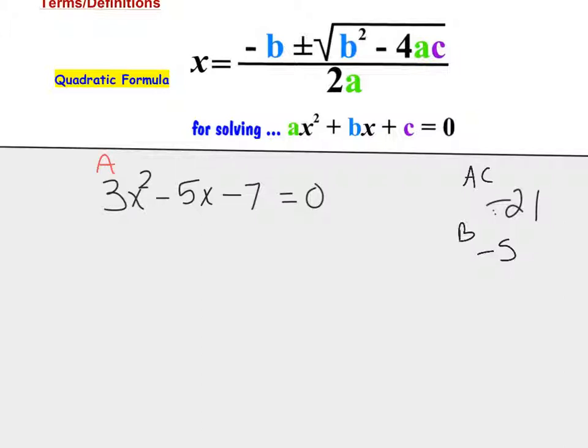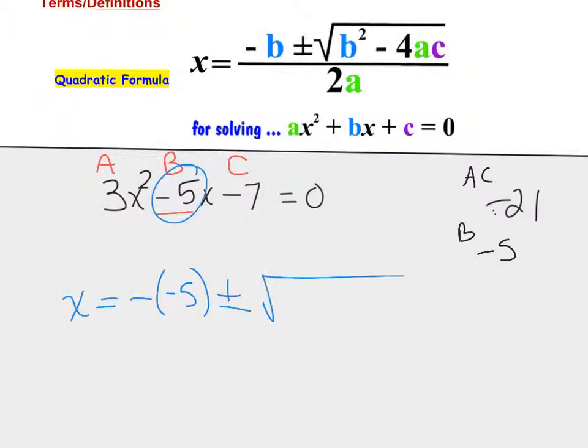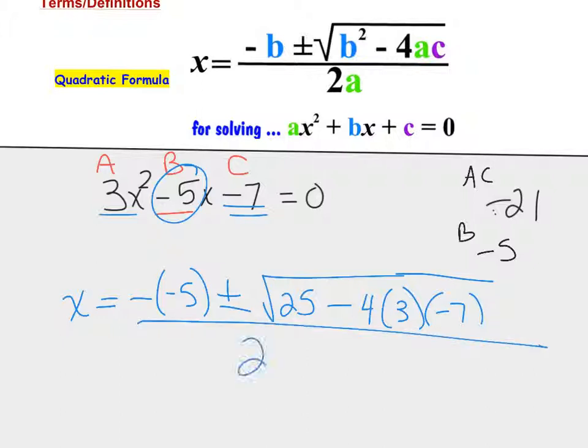We know that a is 3, b is negative 5, and c is negative 7. So if we use the quadratic formula, we're going to find x equals the opposite of negative 5 plus or minus the square root of b squared, that's 25, minus 4 times a, which is 3, times c, which is negative 7, divided by 2 times a, which is 3.